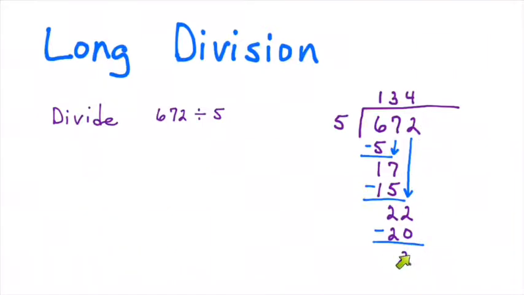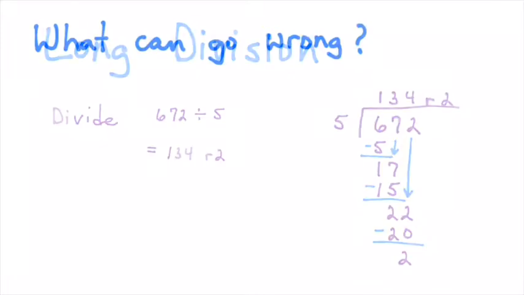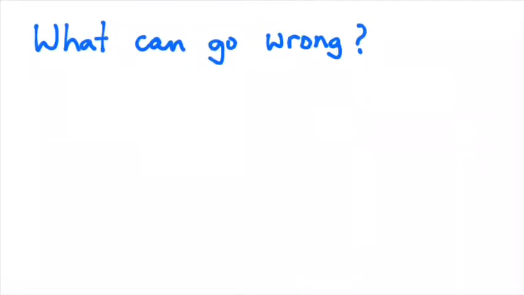So that means that we have reached the end of the division process, and this 2 is a remainder. 5 went into 672 134 whole times, and it left a remainder of 2. So for right now, we're just going to write R2, and we can say that 672 divided by 5 is 134, remainder 2.